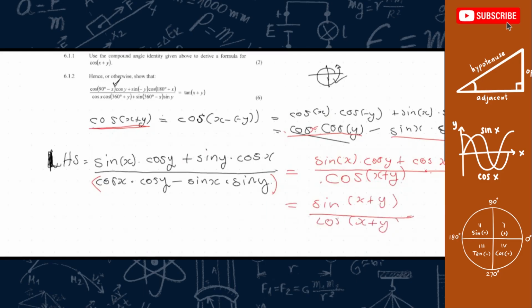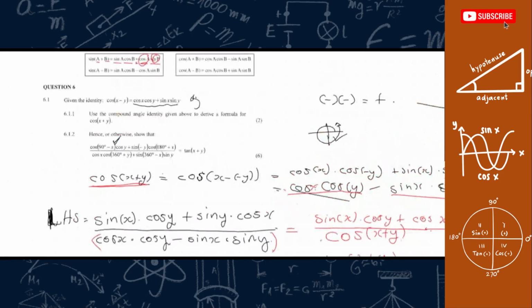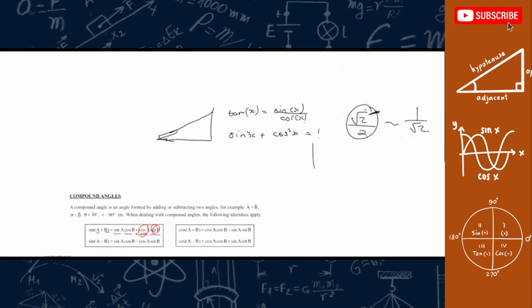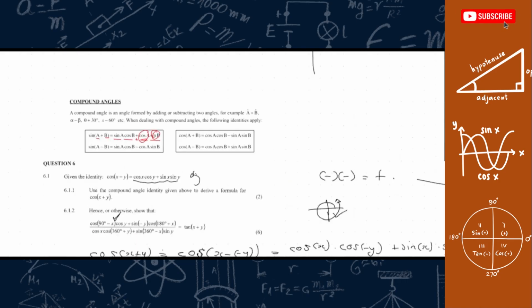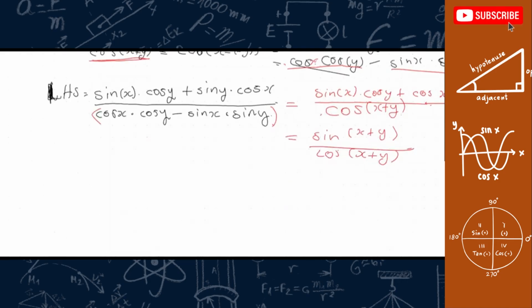We already spoke about the fact that tan x is the same as sine x over cos x. So we're going to go ahead and replace that with our tan (x plus y).